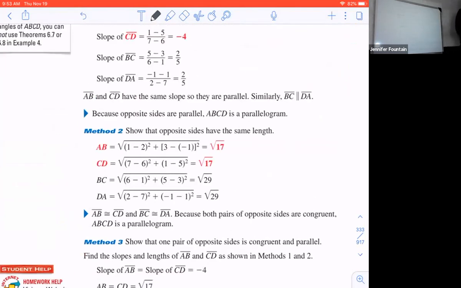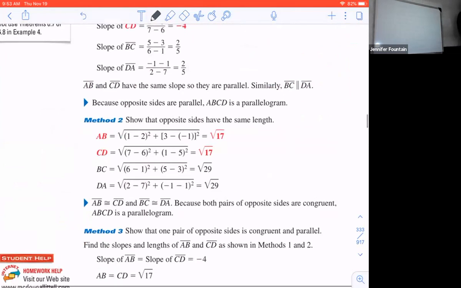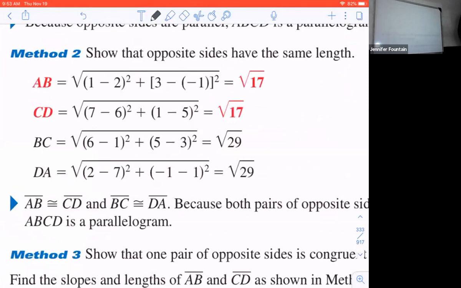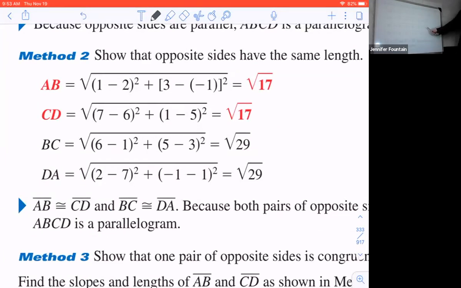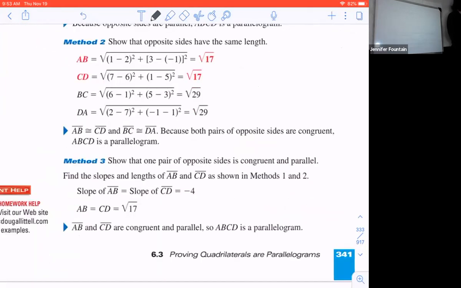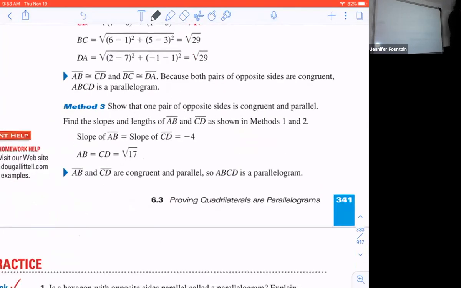So we can see that AB is equal to the square root of 17. CD is also equal to the square root of 17. BC is equal to the square root of 29, and DA is equal to the square root of 29. Therefore, parallelogram. The other thing says we can show that one pair of opposite sides is congruent and parallel.